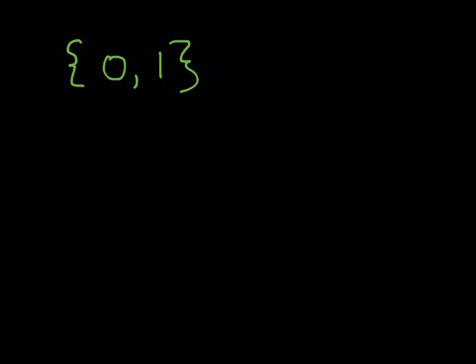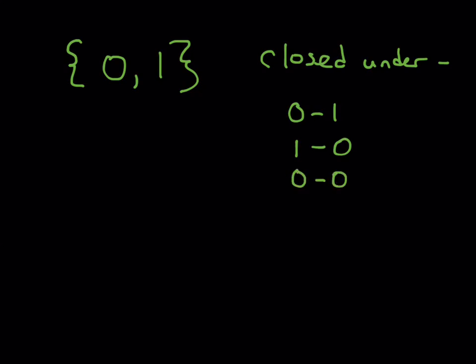And then finally, here's another set, the finite set consisting of 0 and 1. So we'll do subtraction for this one. So is this closed under subtraction? I could try 0 minus 1, I could try 1 minus 0, 0 minus 0, or 1 minus 1. And those are the only combinations using subtraction that I could get with this set.